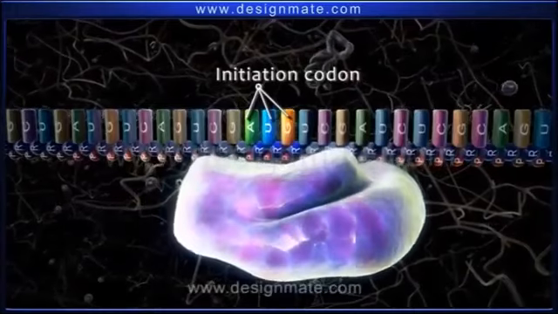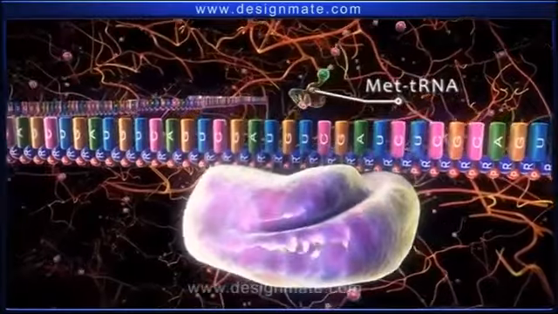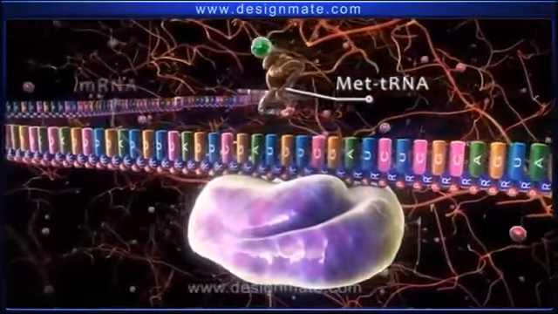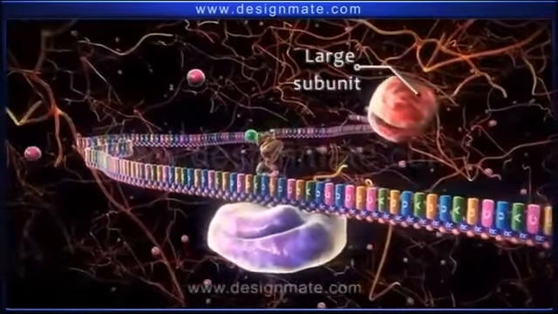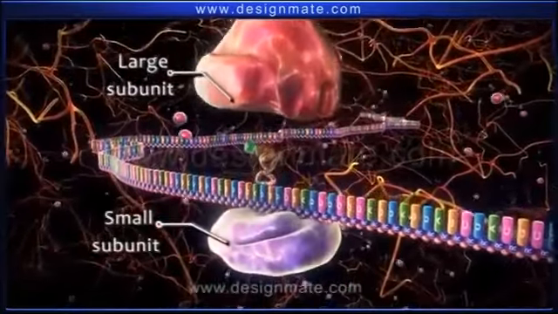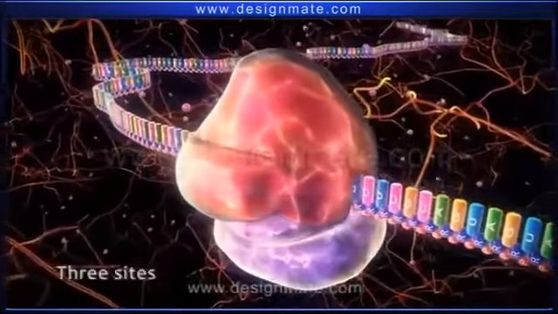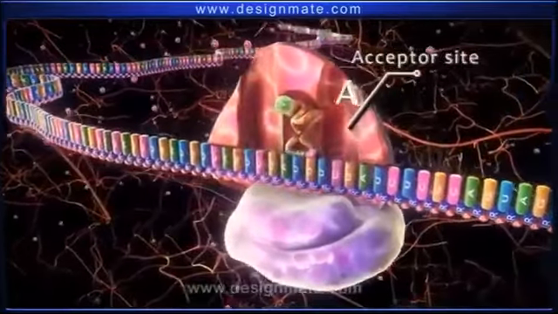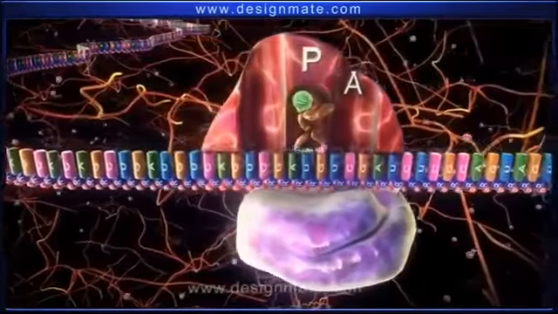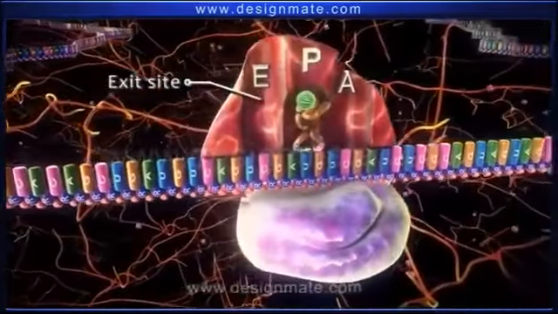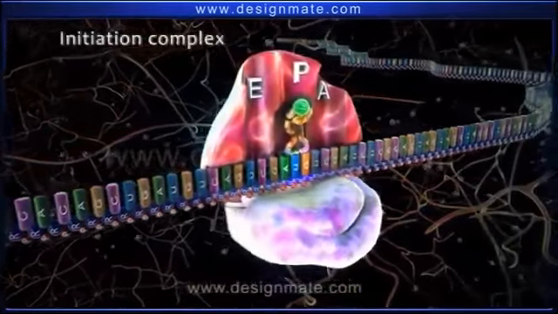At this point, met-tRNA possessing the anticodon UAC pairs up with the AUG codon of the mRNA. Then a large subunit of ribosome combines with a small ribosomal subunit. The large subunit shows 3 sites: the acceptor site or the A site, the peptidyl site or the P site, the exit site or the E site. This whole unit forms the initiation complex.